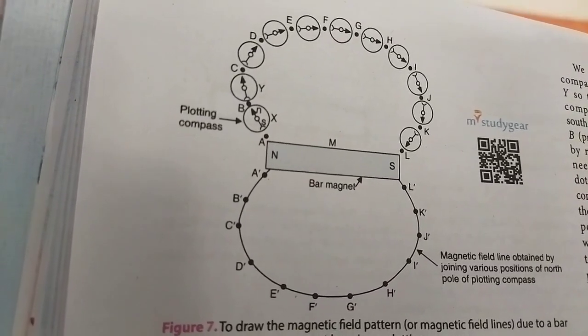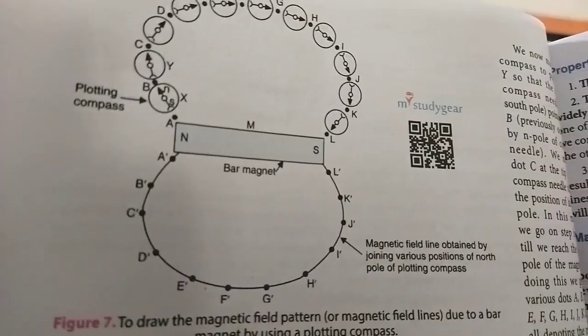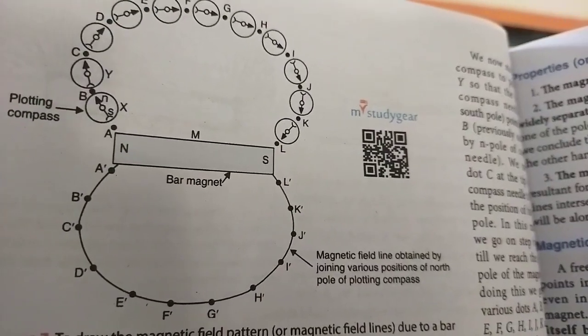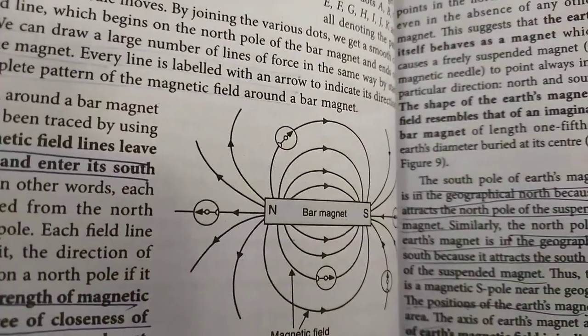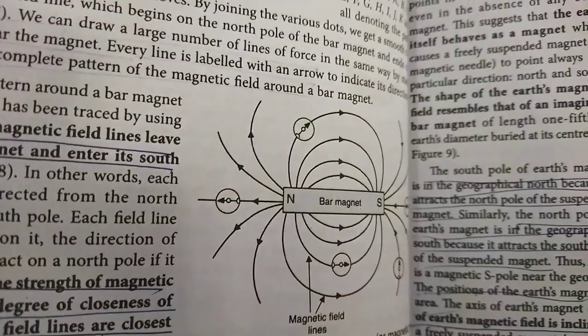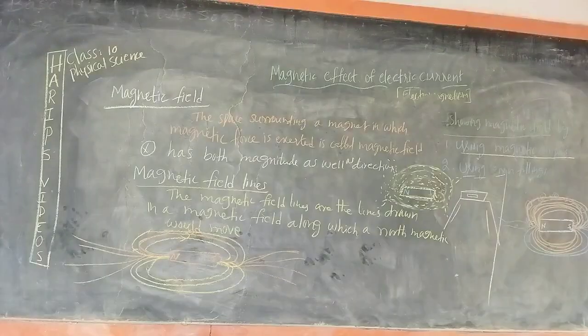Similarly, we get magnetic field lines obtained by joining various positions of the north pole of the plotting compass. So finally we get this kind of field structure, magnetic field lines, right?